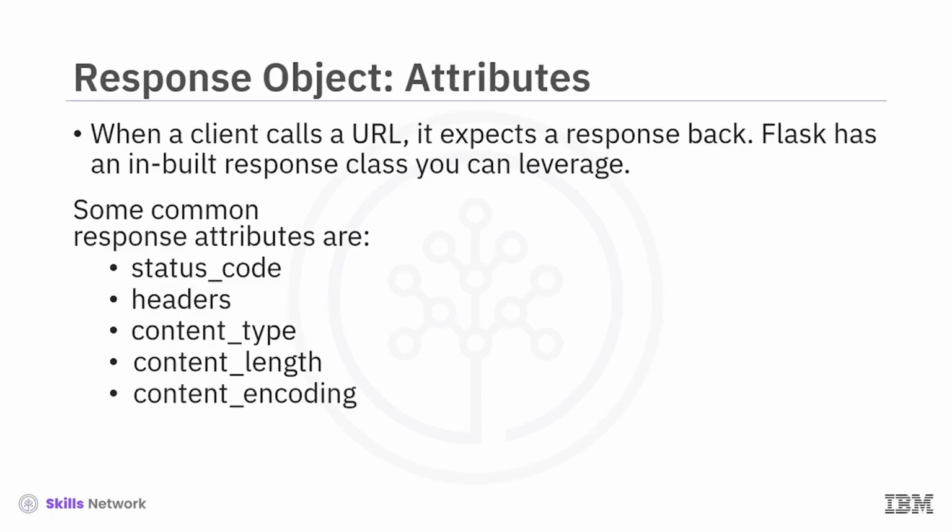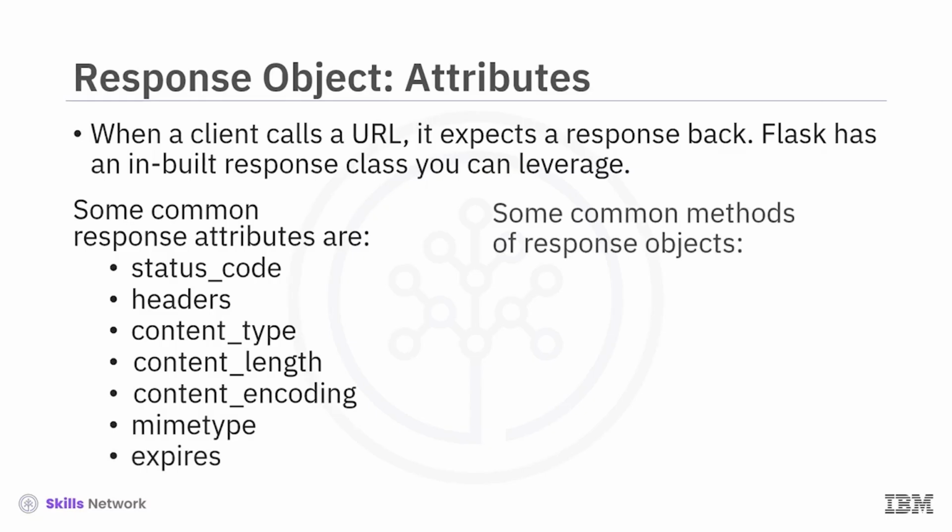Content encoding indicates any encoding applied to the response so the client knows how to decode the data. MIME type sets the media type of the response, and expires contains the date or time after which the response is considered expired. Here are some standard methods on response objects. setCookie sets a browser cookie on the client, and deleteCookie deletes a cookie on the client.